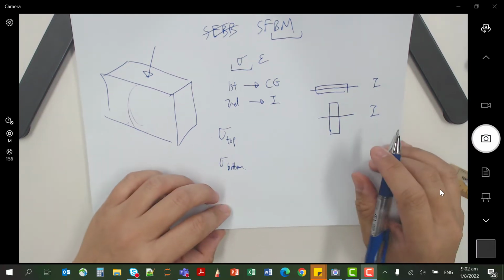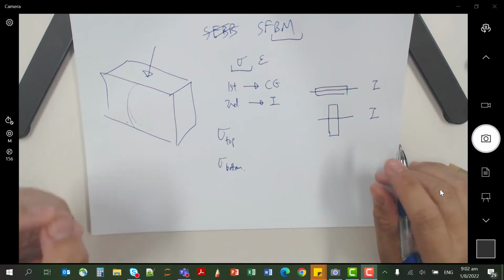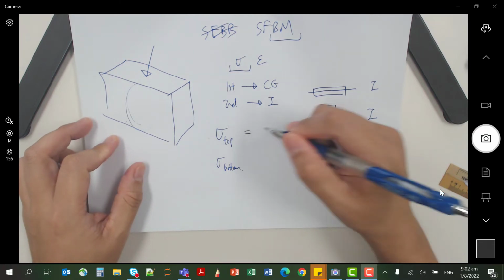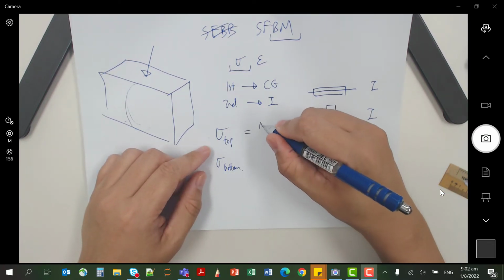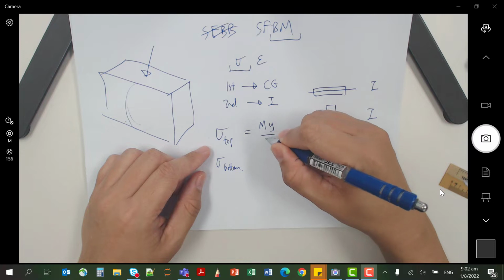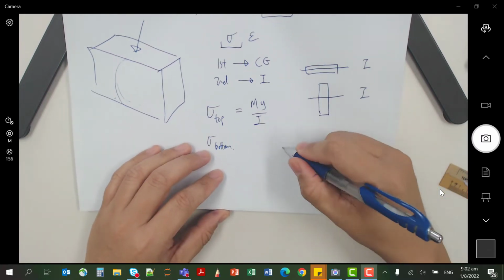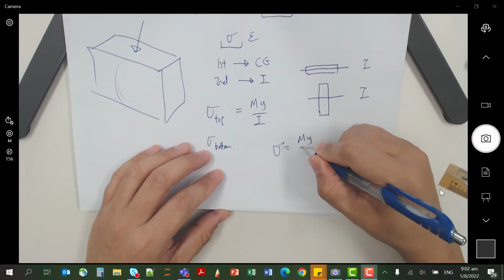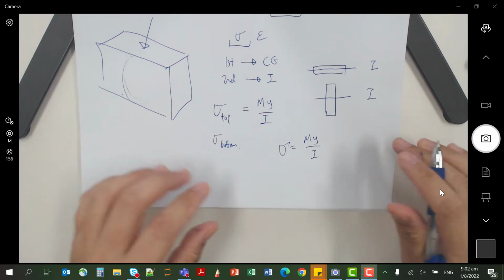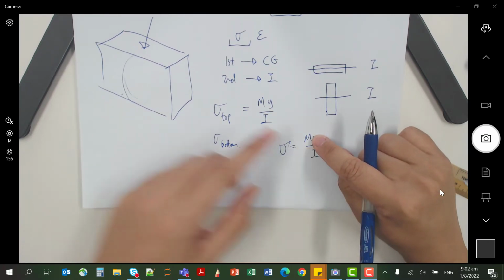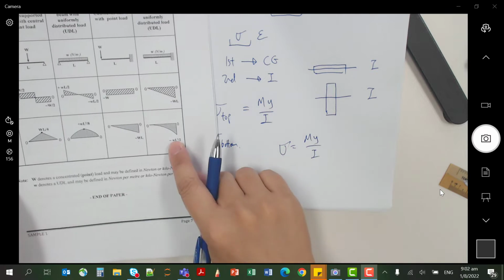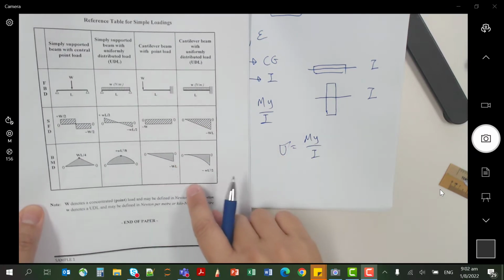Today the most important formula is this one: sigma equals My over I. You will notice that straight away moment will come in. This is where you find the maximum moment using the formula table.